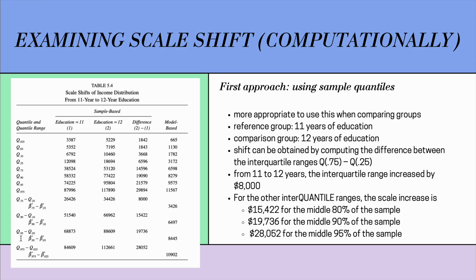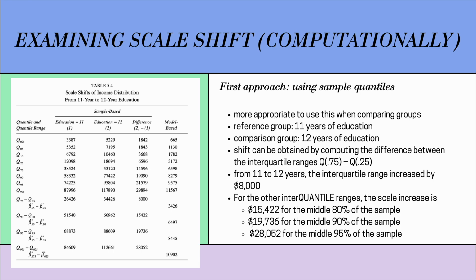And how can we interpret this? So, for the interquantile ranges, the scale increase is $15,422 for the middle 80% of the sample. So, dito siya nanggaling. And why 80%? Because ang difference nitong Q.90 and Q.10, sakop niya yung 80% nung sample natin.